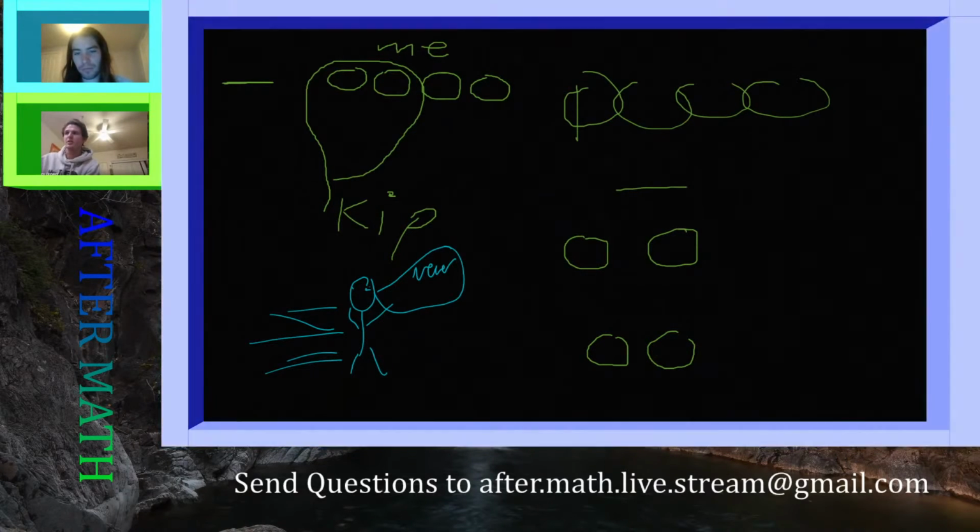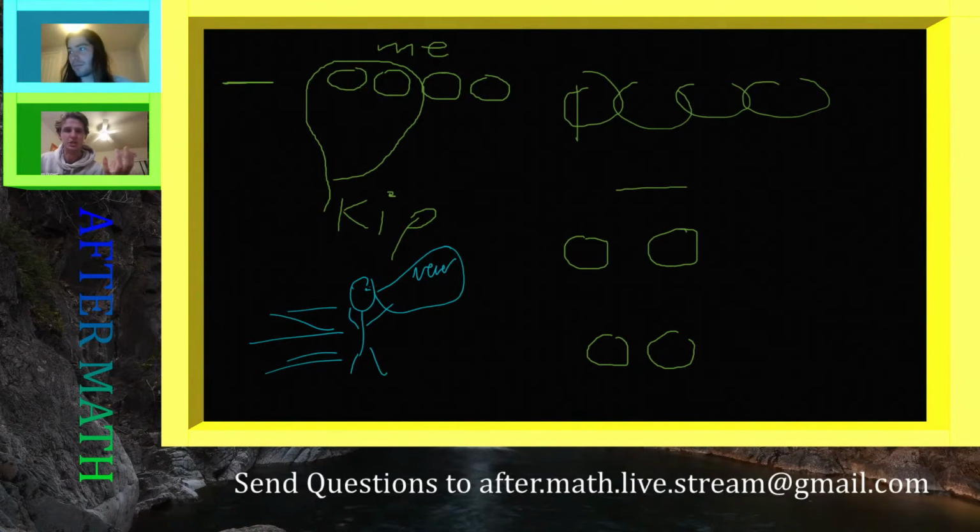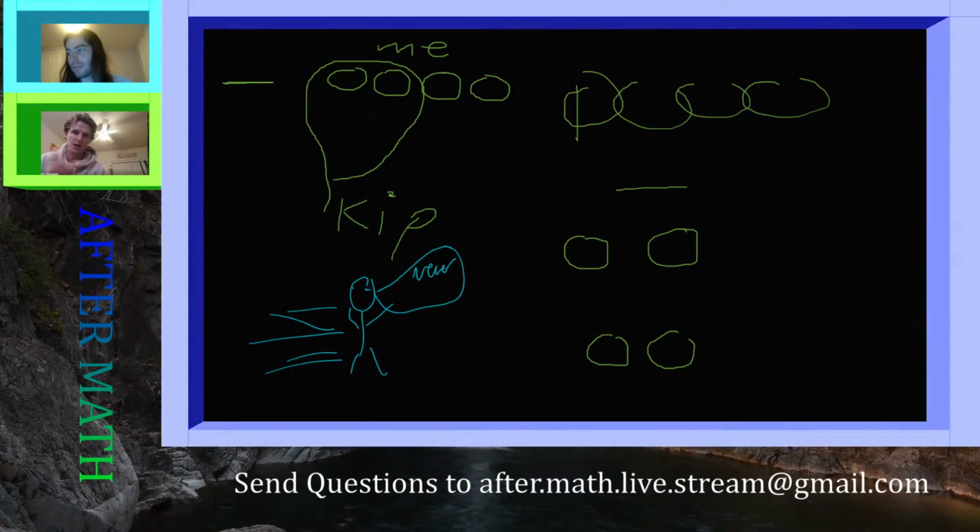So that's our subtraction. 4, we take away 2 of them, and we're left with 2. That's just visually kind of what it is. You can think about it as eating cookies, eating vegetables, eating anything you want. All right, that's kind of our subtraction. Kip, do you have anything to add?